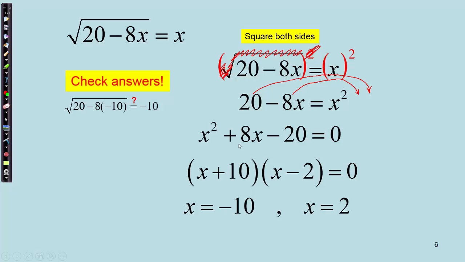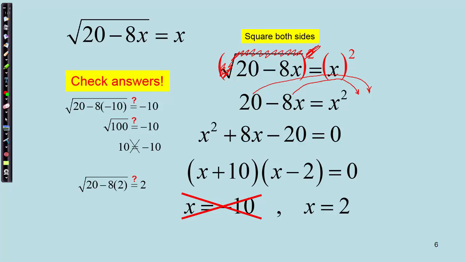When we substitute negative 10 in place of the x, we get 10 equals negative 10. That's not true, so the negative 10 is not an answer. If we try x equals 2, we get 2 equals 2. So obviously x equals 2 is the answer.